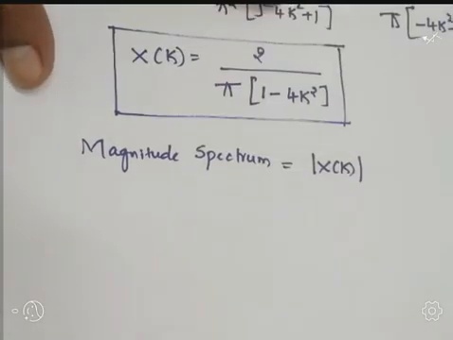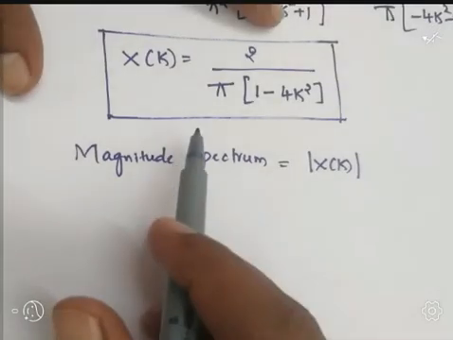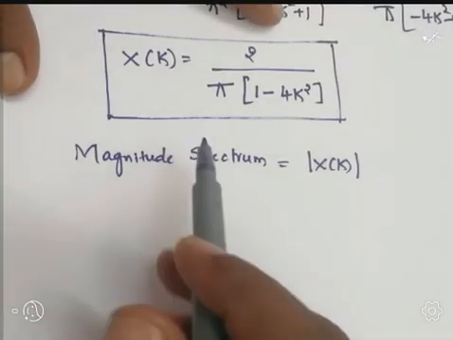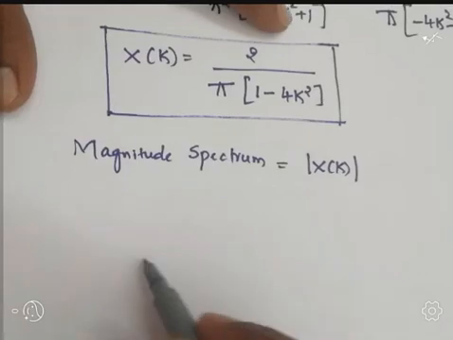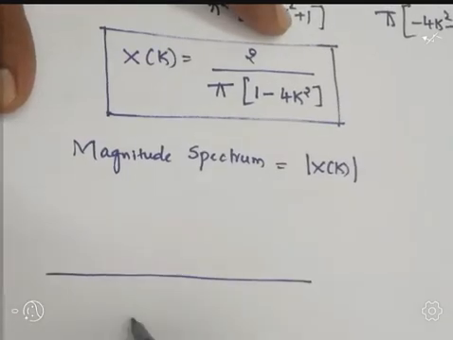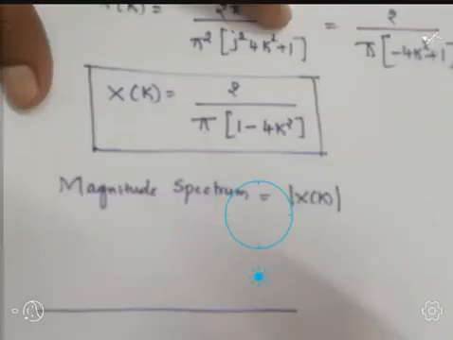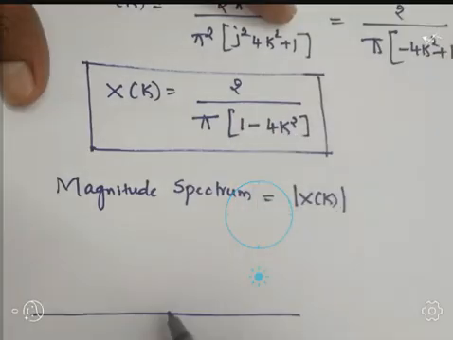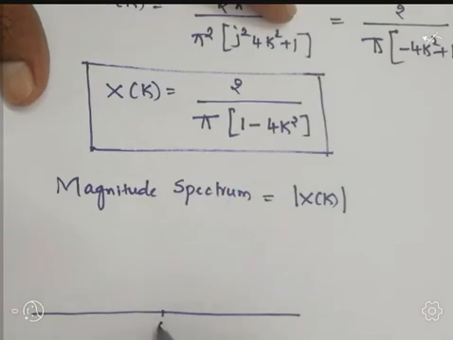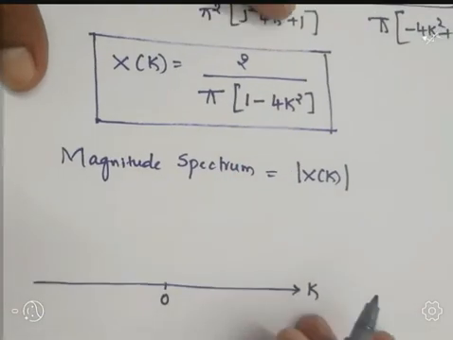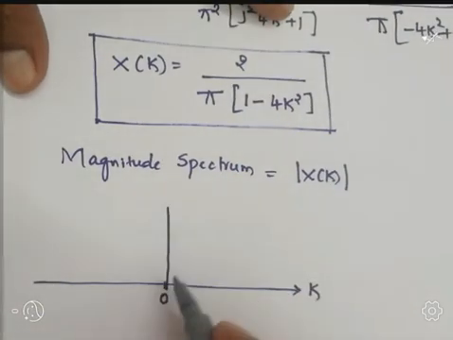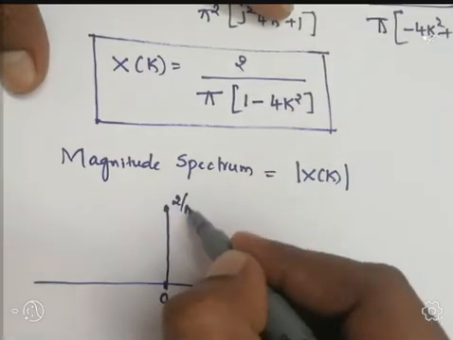Simple thing. Substitute k equal to 0. Keep on calculating the values. If I substitute k equal to 0, what happens? We are getting 2 divided by pi.